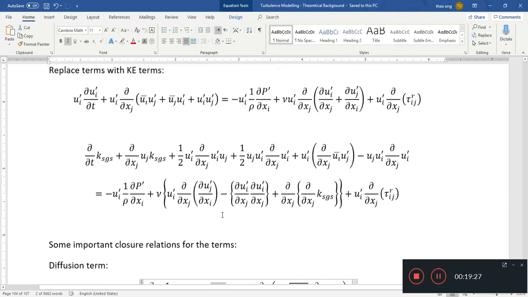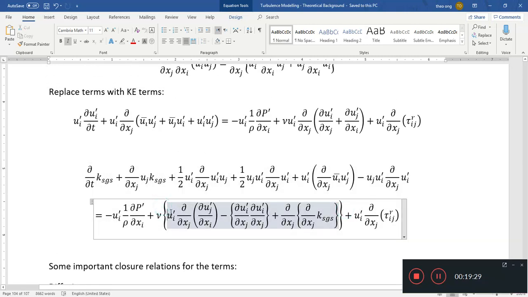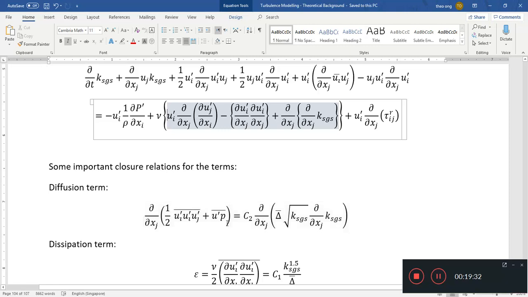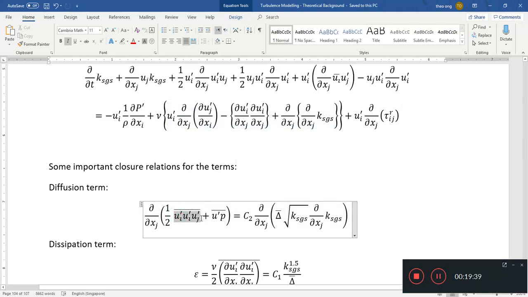After you do all this, you're supposed to filter, but I skipped that step just to roughly show you the concept of where all these terms come from. One term is this filtered half ui uj term. Then you filter all of it. With the product rule, we can do this expansion, but it will probably come out to a lot of partial by partial xj terms, and you have ui prime uj, and so on.